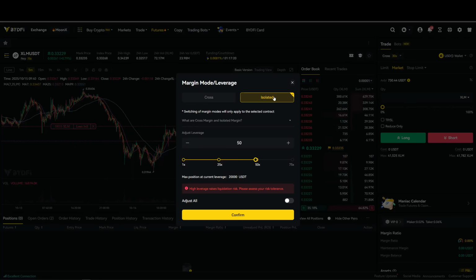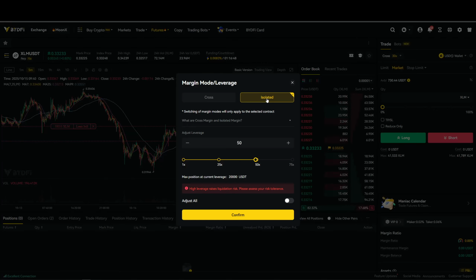Like say XLM was like 33 cents and it went up to like 33.1 cents or something, you might be liquidated that quickly. So it's probably best to do cross, but if you want to start out with isolated just to stay safe, you can really bleed your account quickly with isolated is the only problem, because you keep throwing 50 and 50 and 50 and you're just gambling.